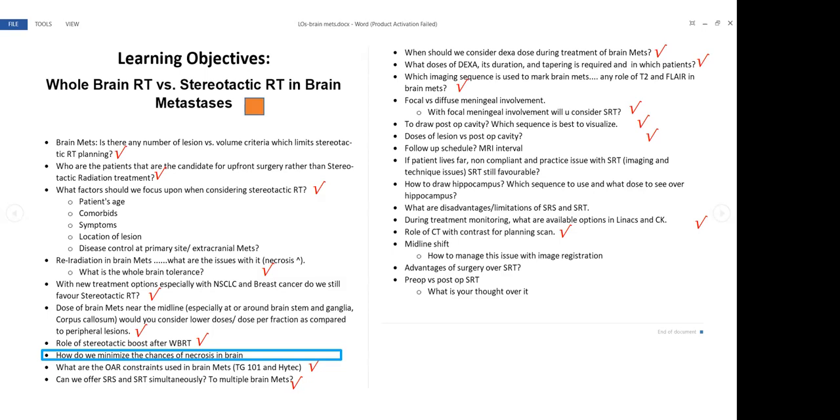And if there is any doubt whether it's a progression of the lesion or radiation necrosis, because they both look similar sometimes, the most preferable sequence in that scenario is the MR perfusion study. It's really expensive.